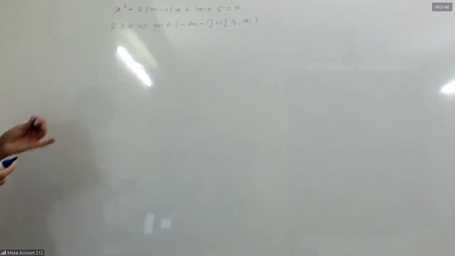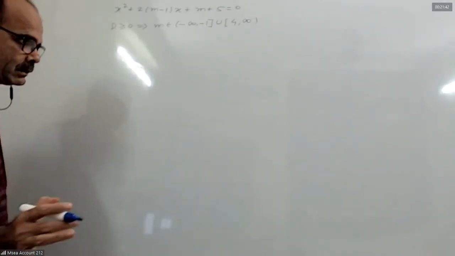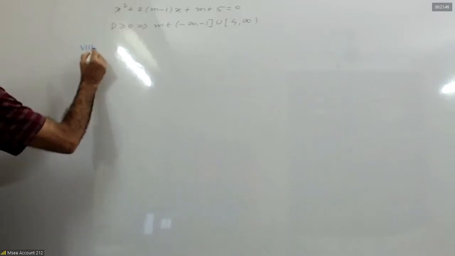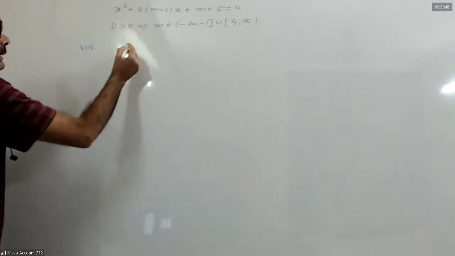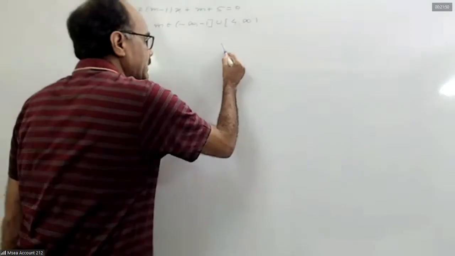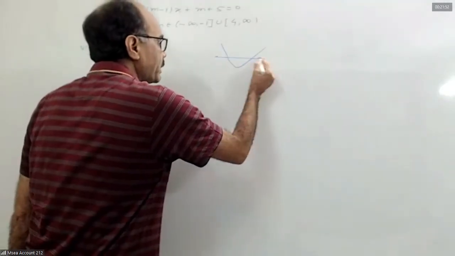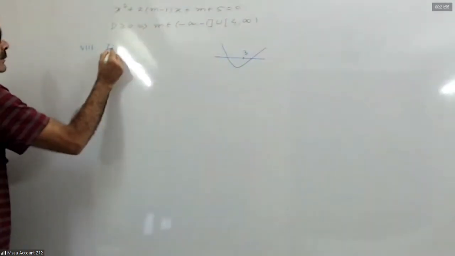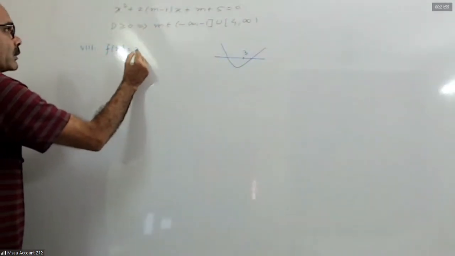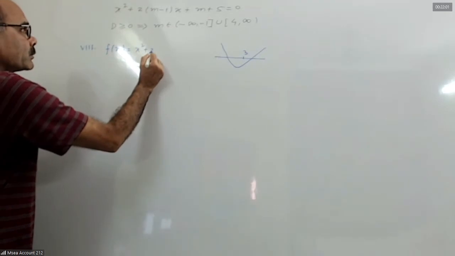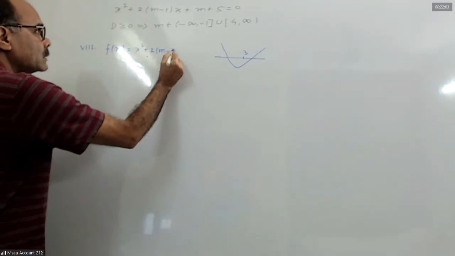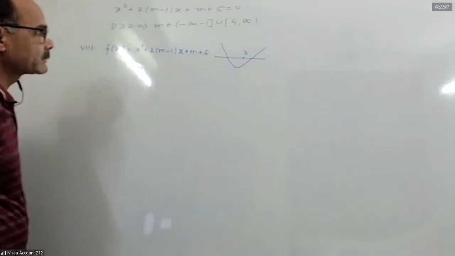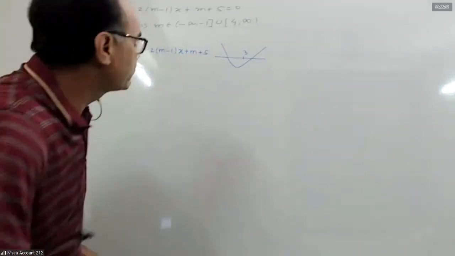See, come to the 8th bit. One root is greater than 3, the other root is less than 3. Question: we want the graph to be like this. Here our f(x) is x square plus 2 times (m minus 1) into x plus m plus 5.